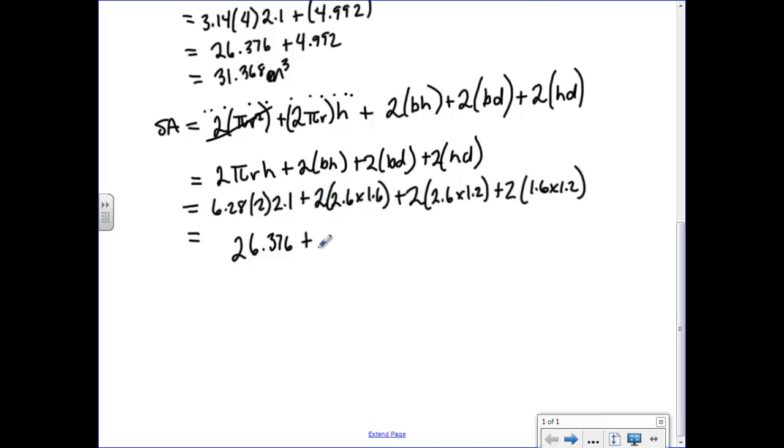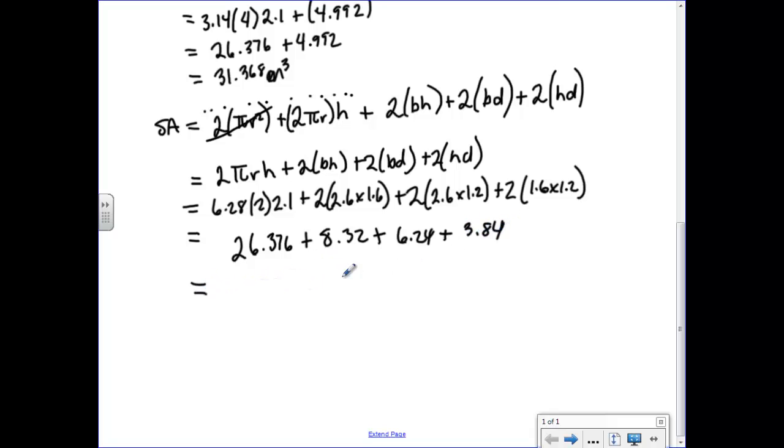Now we add all of this together. 2 times 2.6 times 1.6 equals 8.32, plus 2 times 2.6 times 1.2 equals 6.24, plus 2 times 1.6 times 1.2 equals 3.84.